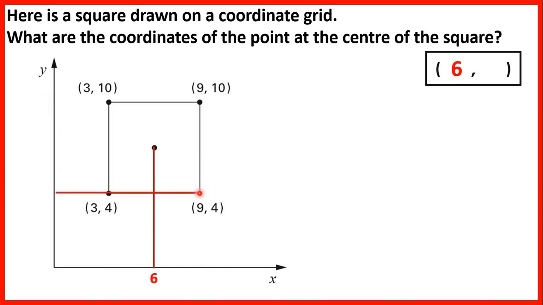Going across from this point, we can see that the second number is 4, so that's a y-coordinate of 4, and from this point, we can see that we have a y-coordinate of 10. So again, this point is right in the centre, so we'll be halfway between 4 and 10. So that's 7. So our coordinates for the point at the centre are 6, 7.